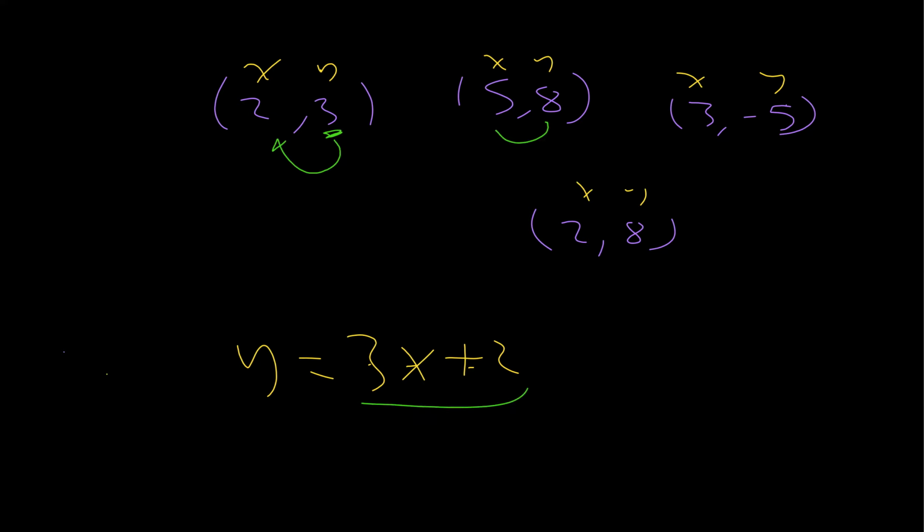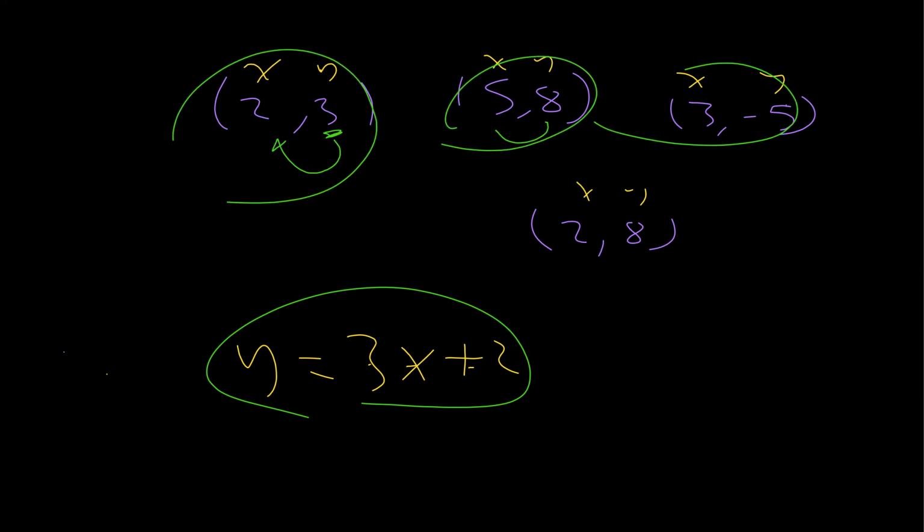If all of them have the same rule, I call them a function. But if they are random, and each one increases or decreases differently from the way x came, in this case we call it a relation, but not a function. So this is a relationship between x and y, a relation.